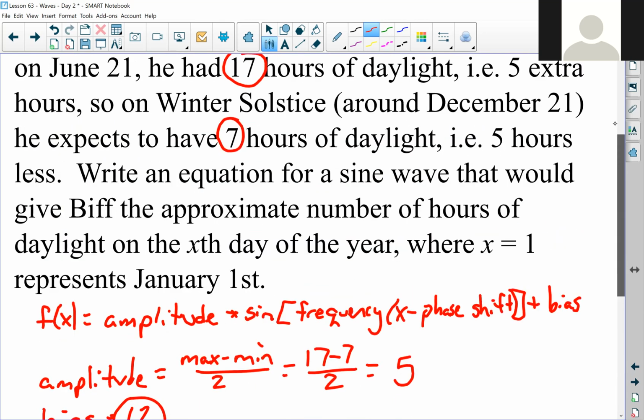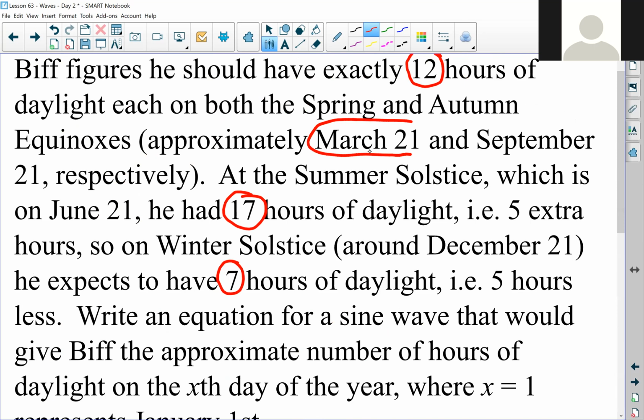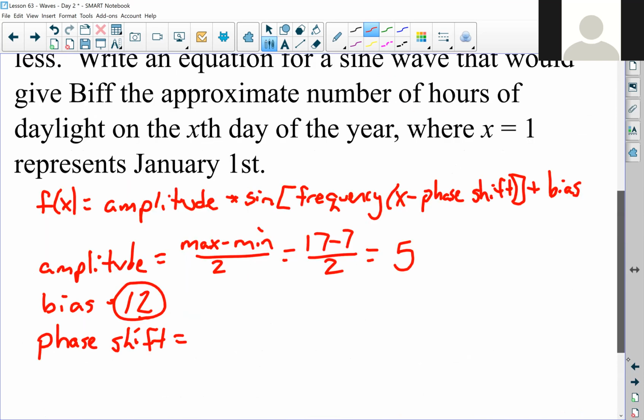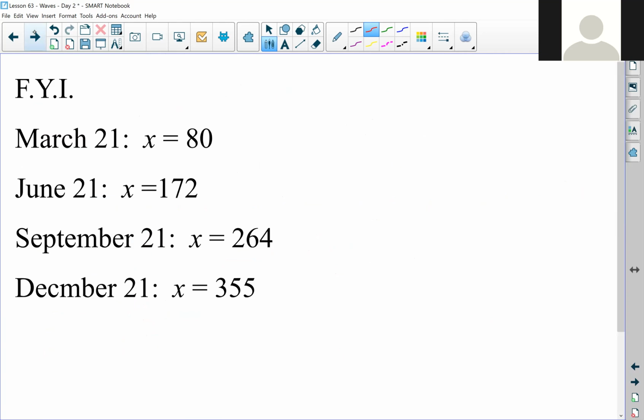So March 21st would be the value of x for our phase shift. And so now I'm going to flip to the next page and give you a couple of key x values for dates. So March 21st is x equals 80. That's going to be our phase shift.